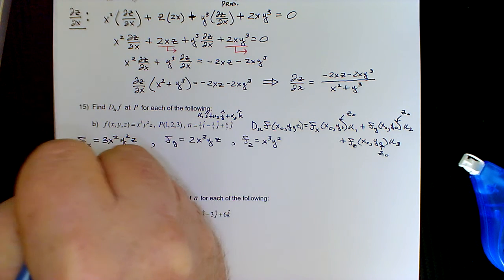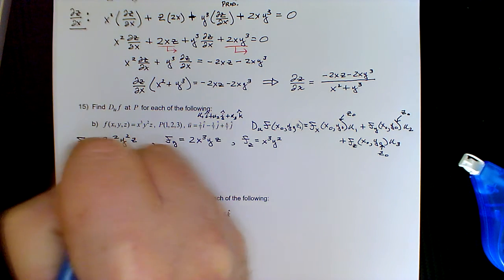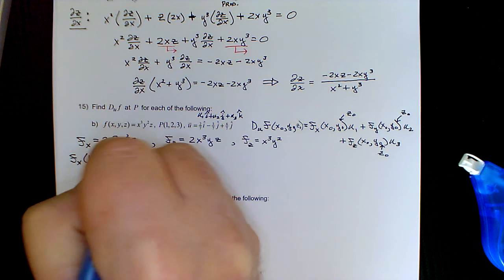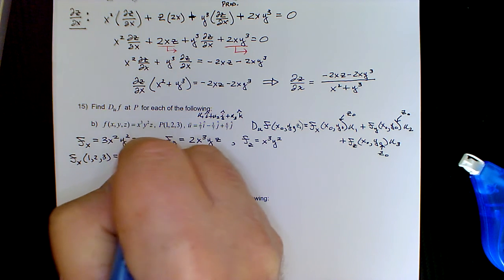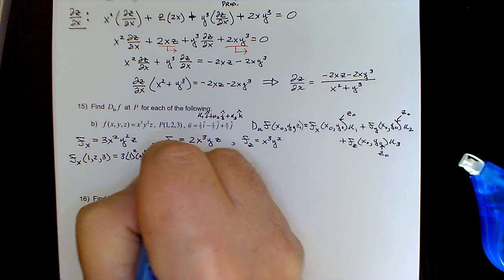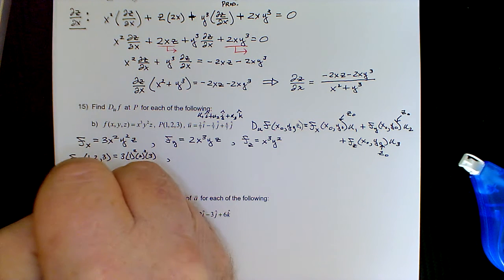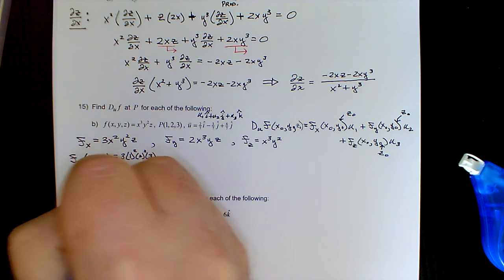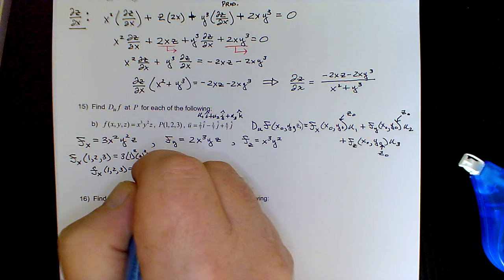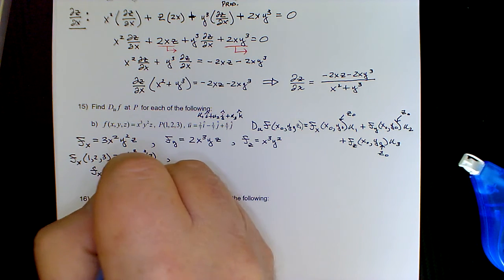1, 2, 3 it was. So this is 3 times x is 1 squared, y is 2 squared, z is 3. So f sub x at the point 1, 2, 3 is 9 times 4, 36.